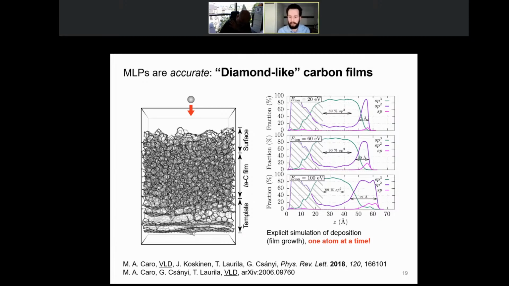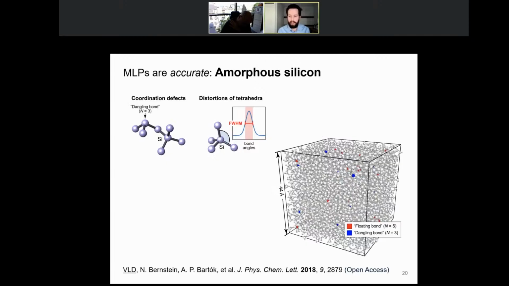So this was quite exciting, and it allowed us to look a bit at the mechanism by which these films actually grow. Another amorphous material, if you want to study amorphous materials, you often come across amorphous silicon, which is one of the textbook cases. Amorphous silicon is locally quite similar to diamond, and it's just very disordered on the longer scale.